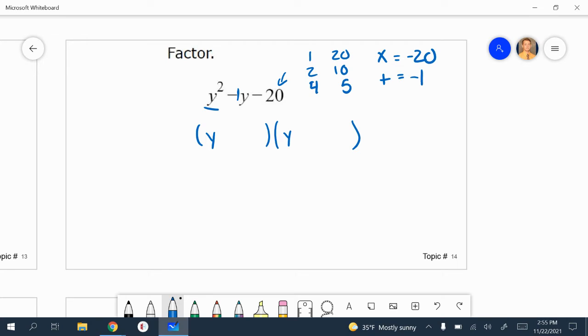That will only work if we use these and I make that 5 a negative, because when I add them, they'll become a negative 1, and when I multiply them, they'll become a negative 20. So I'll use my plus 4 there, I'll use my negative 5 there, and those are factored.